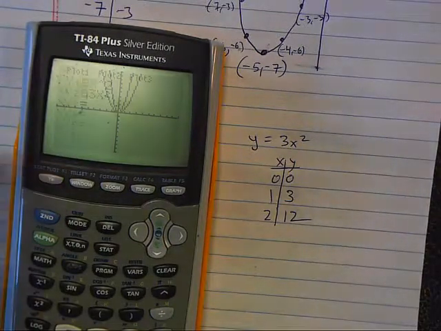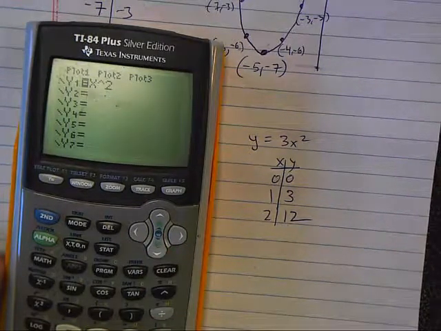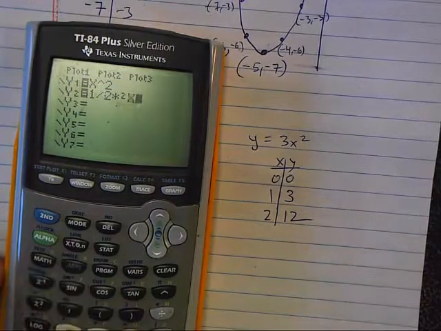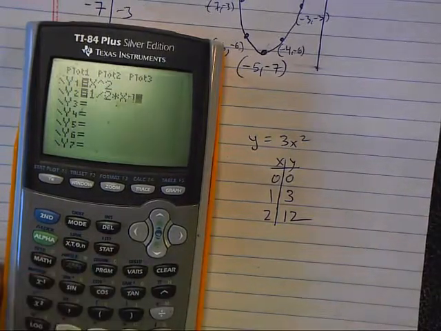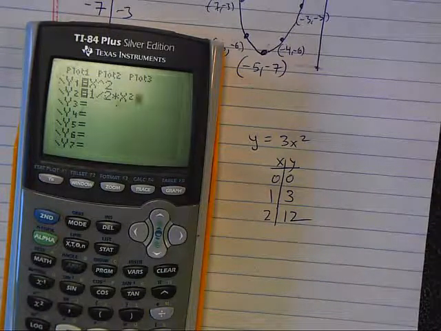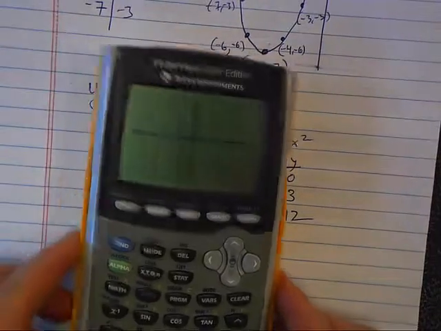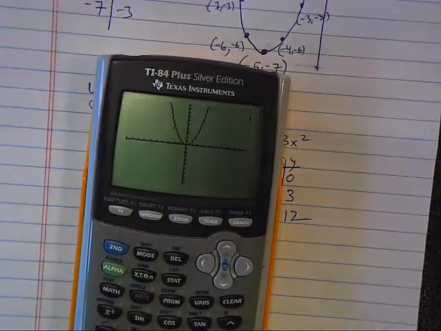What happens if I multiply by a number like a half? If multiplying by 3 made it taller and skinnier, what do you think multiplying by a half is going to do? Shorter and flatter, shorter and wider. And I think that's absolutely correct.